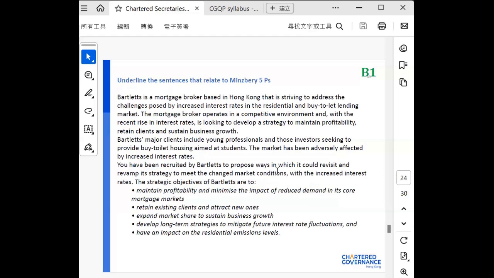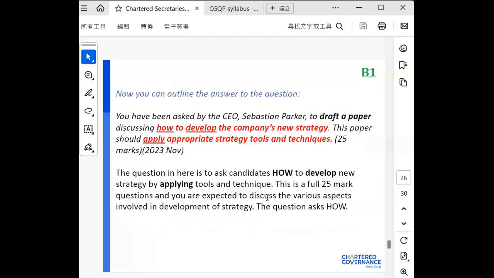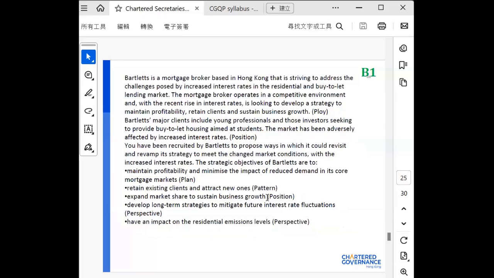Next, you can talk about the five Ps. I mean, they come up in various parts. This is just a suggestion to you. Position, plan, pattern, perspective, these sort of things.